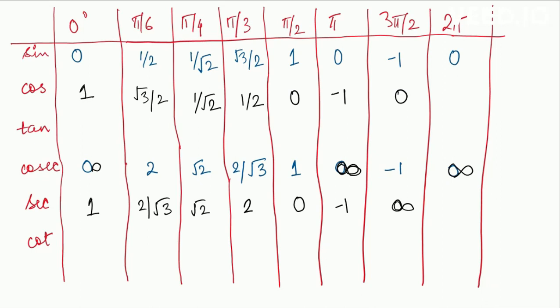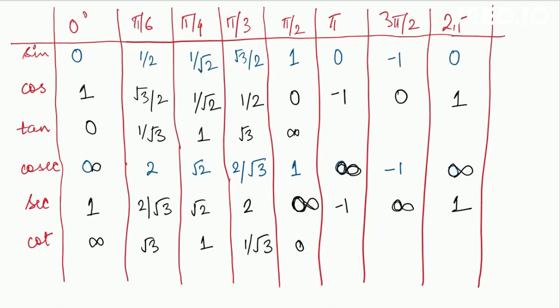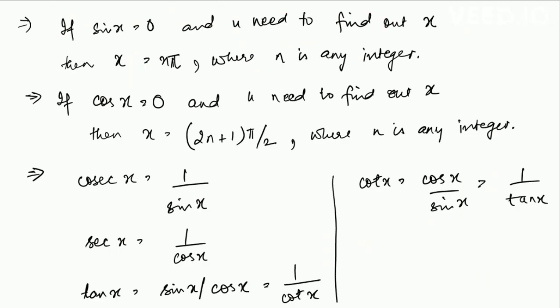If sine pi is 0, then cosec pi is non-defined. Sine 2 pi is 0, then cosec 2 pi is non-defined. So tan 0 is 0, tan pi by 6 is 1 by root 3, and so on. And cot values will be the reciprocal of the tan values.